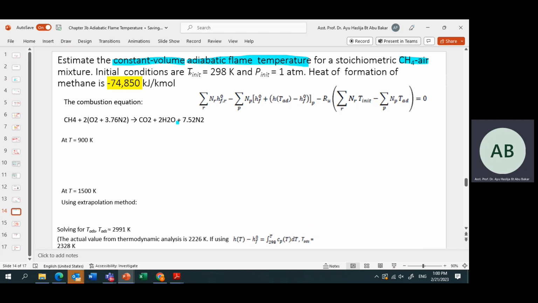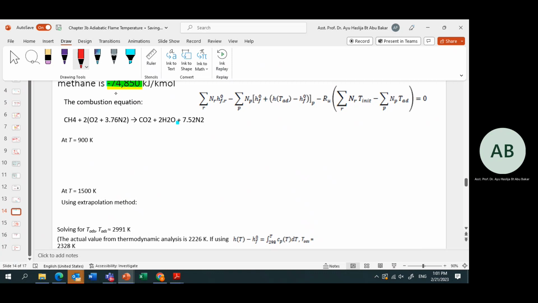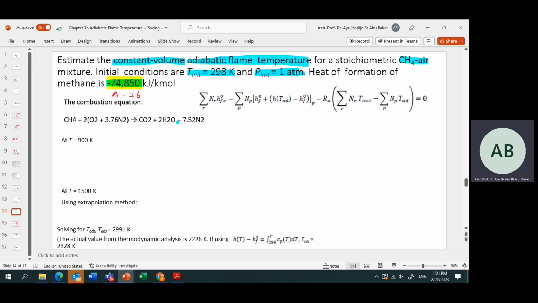Initial conditions are this one, T initial 298, P initial 1 atm. Okay, the heat of formation for methane is this. This figure is from A26. Okay, let's say we assume the temperature to be 900 and 1500.